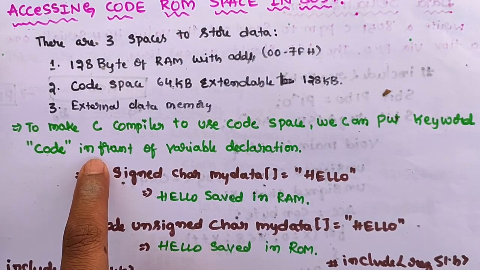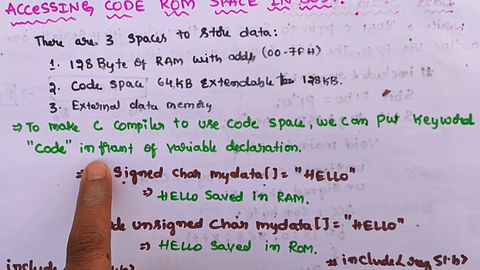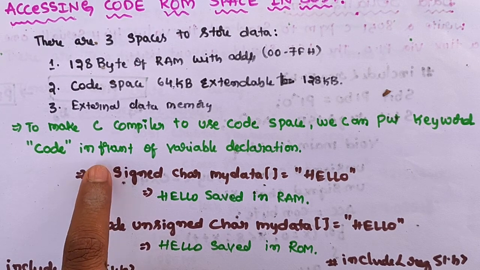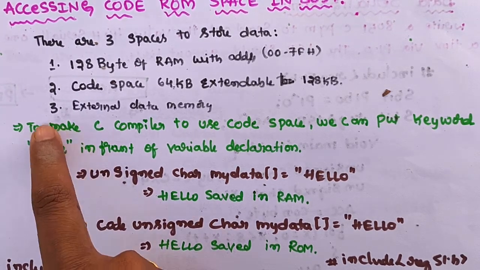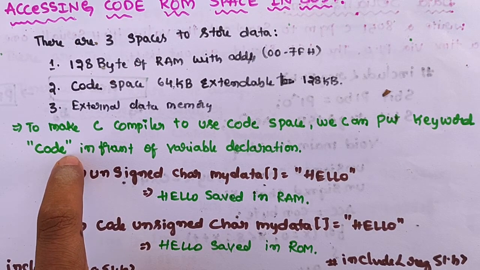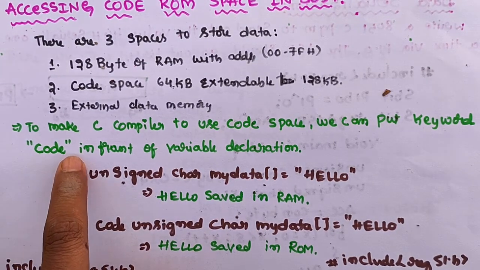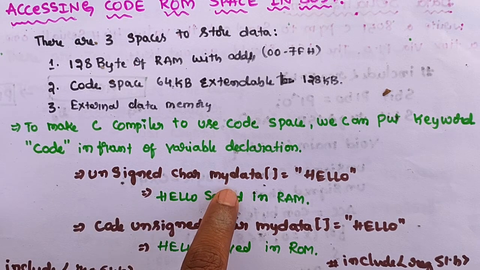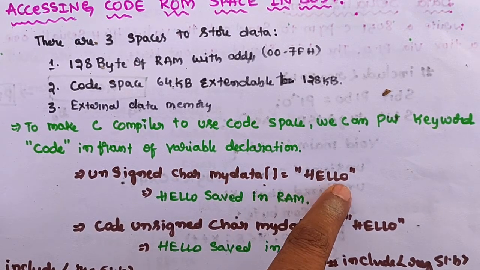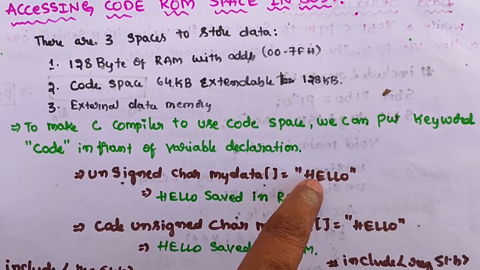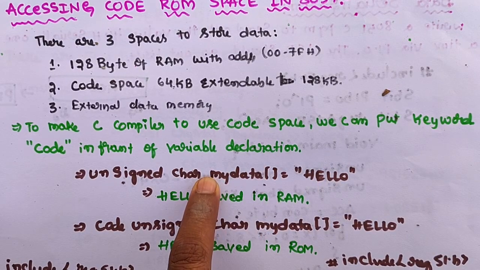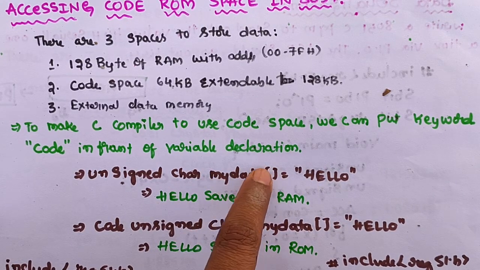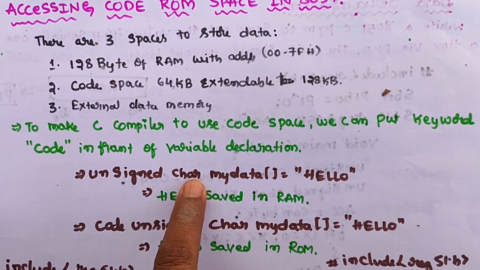While declaring a character or an integer, you need to specify the keyword code. A simple syntax is: unsigned char mydata = "hello". I am going to store this hello data in an 8051 variable, and that variable is nothing but an unsigned character.